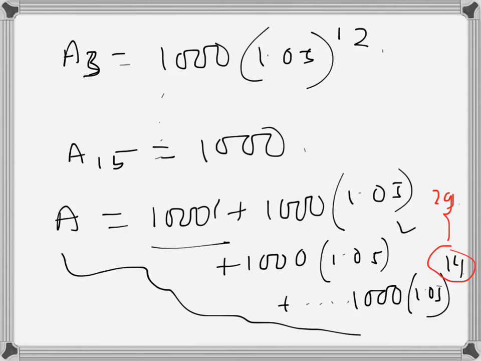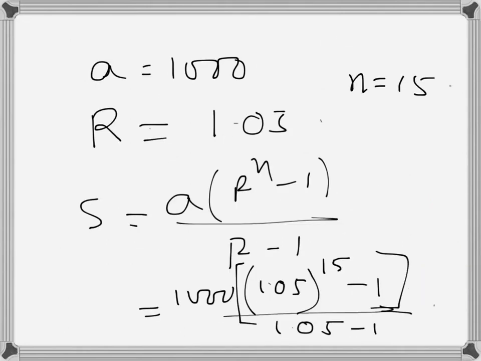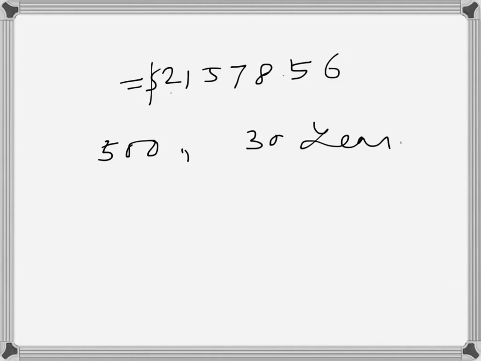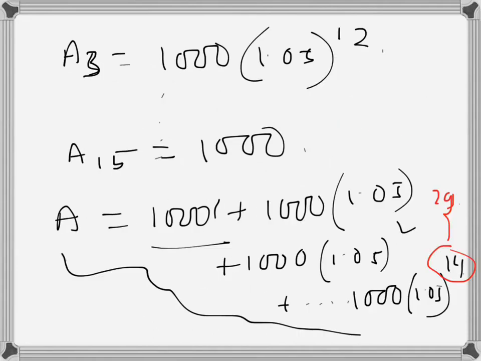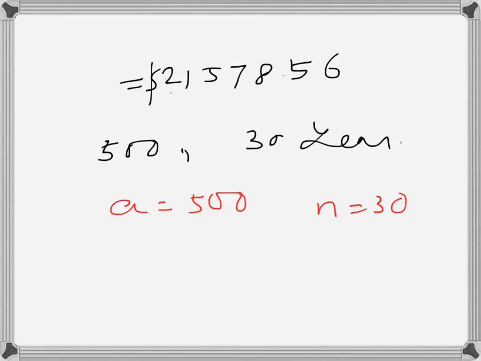And a will be 500, n will be 30, because we had 15 terms before including the first term, so the number of terms will be 30, and the common ratio R is the same, 1.05.